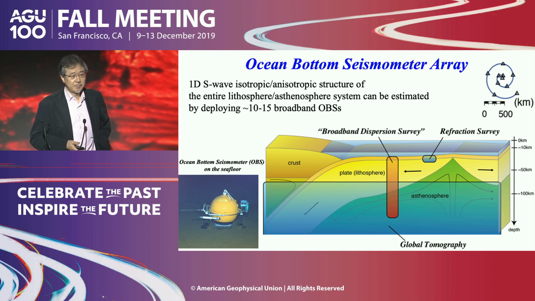This compares to previous approaches like refraction surveys, which just cover a very shallow part, or global tomography, which has a large view but is limited in details. We can now have a new way to observe the structure from the surface to the asthenosphere. I think it's a breakthrough in seismic observation, or study of the structure of the suboceanic mantle.